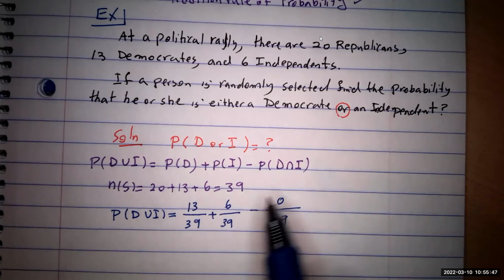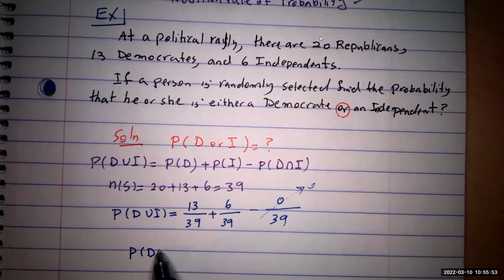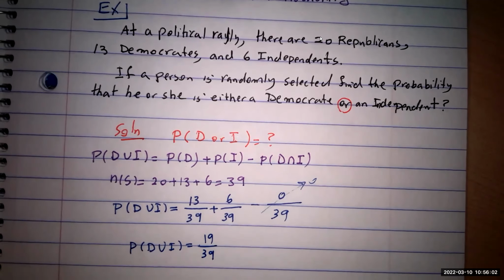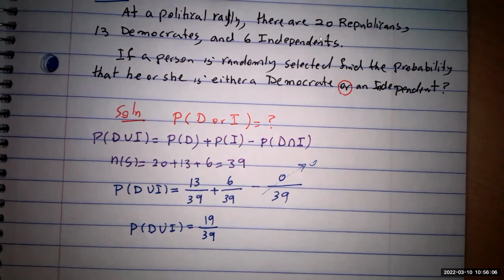You have to simplify. The 0 is out. 6 and 13 would be 19. So probability of getting a Democrat or independent would be 19 over 39. You can leave it as a fraction because it cannot be simplified, but a percent would be better.